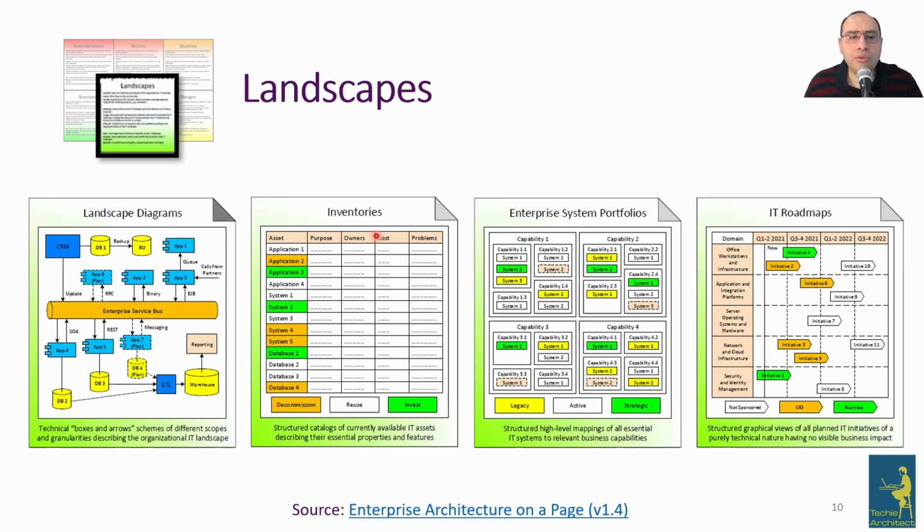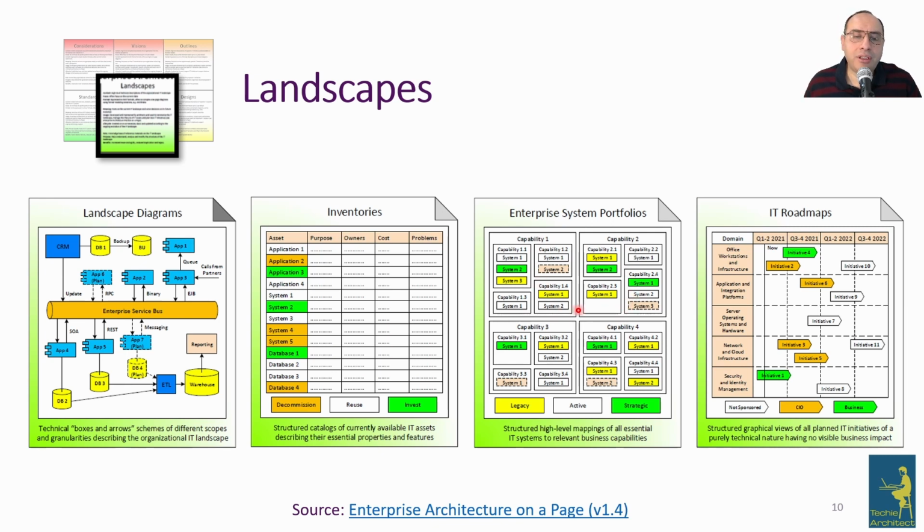Second, you will have the inventory of, let's say, your applications or your servers, and usually it is presented in tabular form. Sometimes in some other EA frameworks, they are called catalogs. And here we have enterprise system portfolios, where they map the capabilities required by the business and how they are fulfilled across multiple applications in the organization.